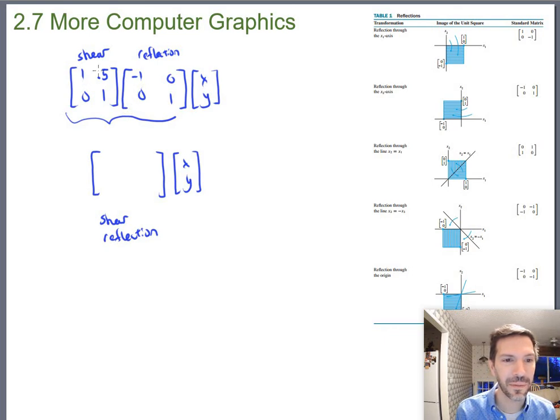Let's see, -1, 1, 5, 0, so that would be a -1 in that spot. -1, 0, so 0 in that spot. 0.5 and 1. Okay, so that wasn't a very exciting multiplication, but there's the matrix that will do both of those things in one fell swoop.